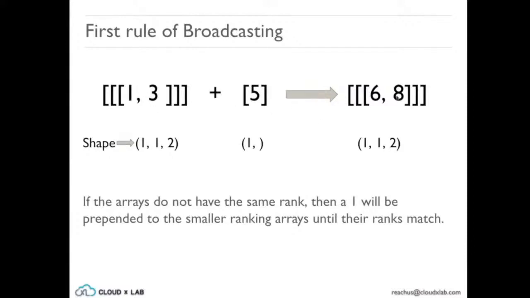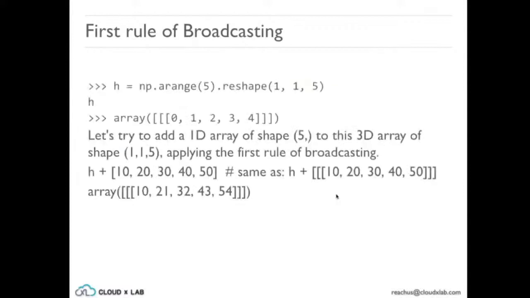As you see, 1 comma 3 gets added everywhere: 5 got added to 1 and 5 got added to 3. Effectively, this became another 5 comma 5 with the same rank, and it got added. That's effectively what seems to have happened, and that's the first rule of broadcasting.